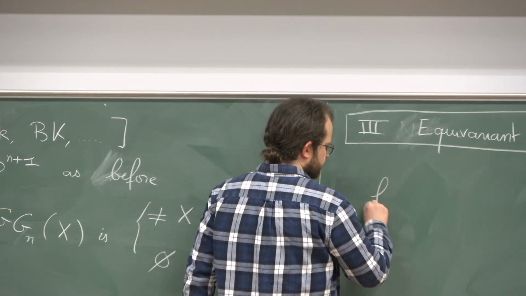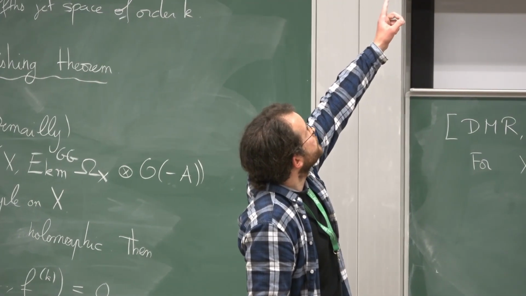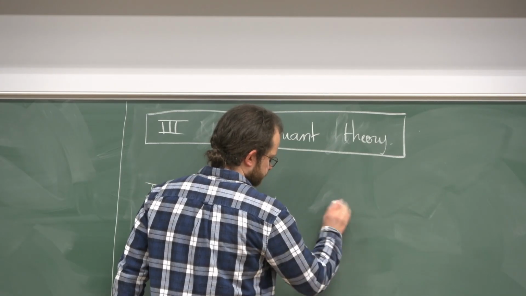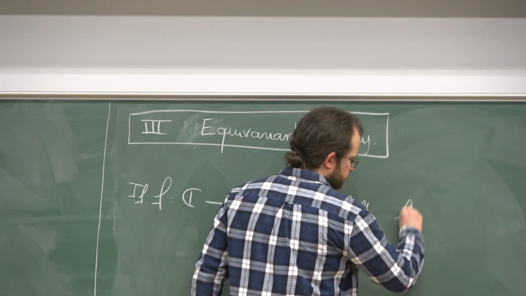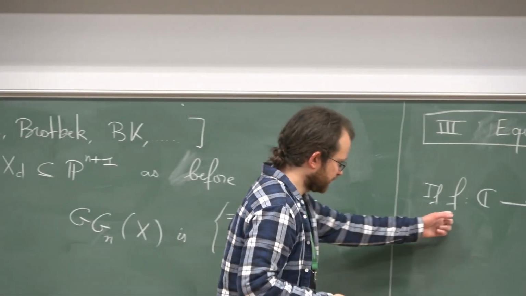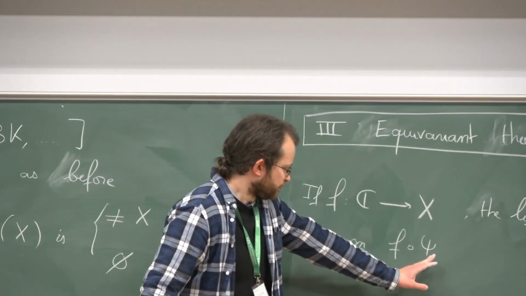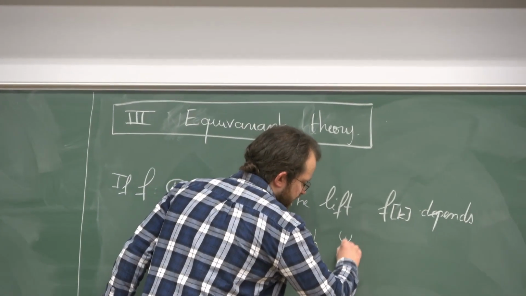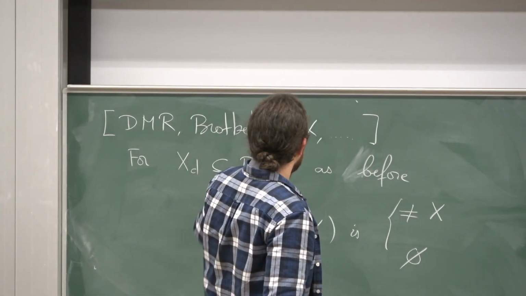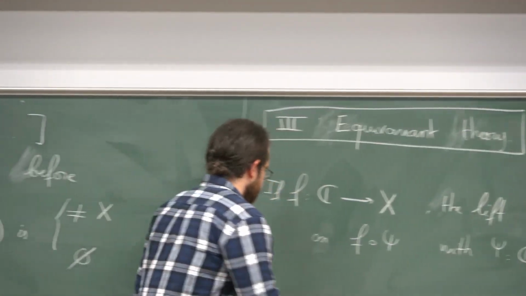This is linked to the fact that if you have a map from C going to X, then the lift above depends on the parameterization you chose for F. So it depends on whether you are considering F or replacing it by F composed with psi, being a biholomorphism of C. And so to prove these results, it is much better to work in an equivariant way under the action of these maps.